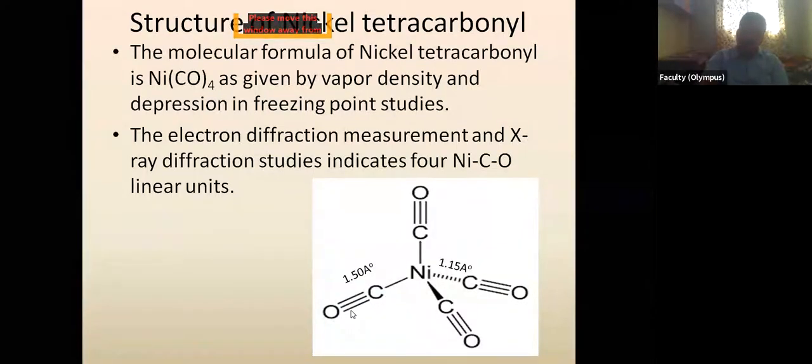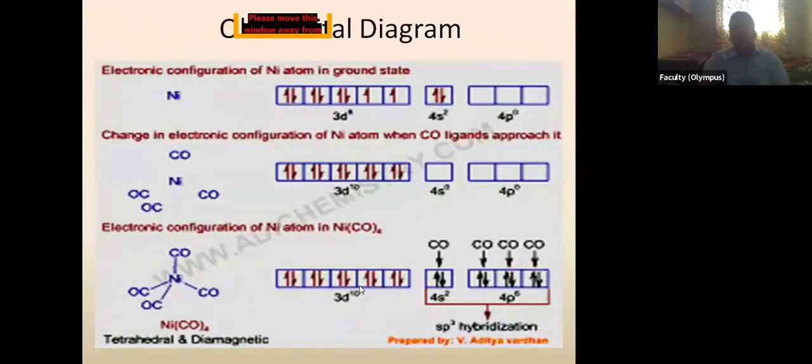Now the nickel carbon bond length is 1.15 angstrom, and the carbon oxygen bond length is 1.50 angstrom. These are the bond lengths. Now we will see the orbital diagrams.